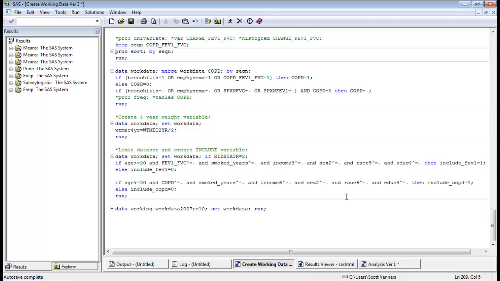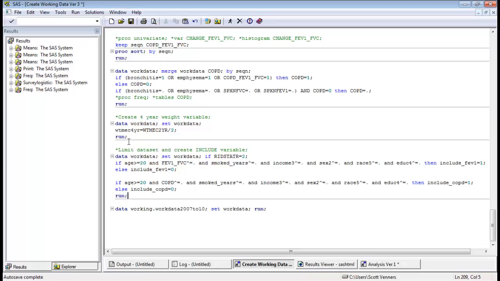So these are the things that we wanted to do. We wanted to create the include variables. We wanted to limit the data set to the right individuals. I've limited it to those who went to the MEC for the examination. Yours might be different. Of course, the variables in your model will be different. Your age range is probably going to be different.